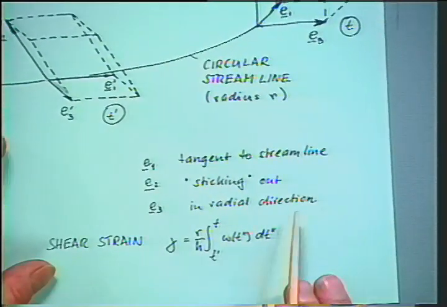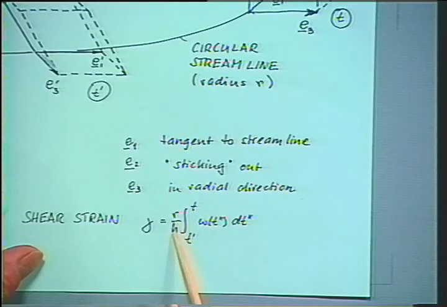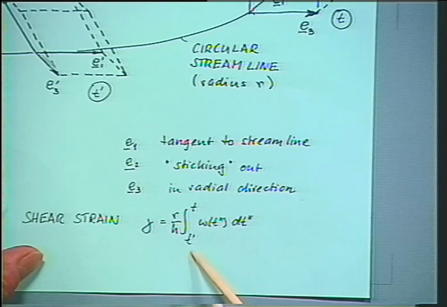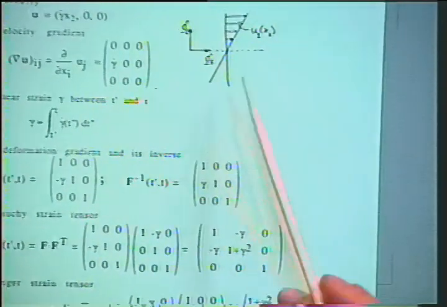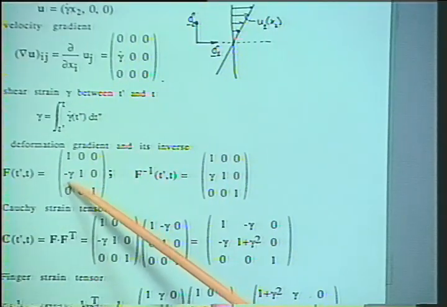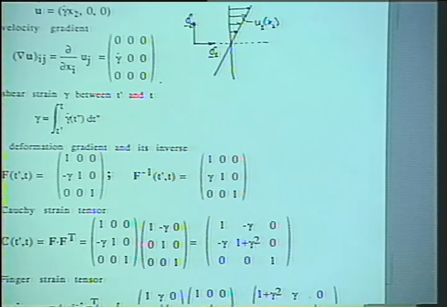Here it's r times omega divided by h. R and omega stay constant. This particle will move on a path line of constant radius, and we're just integrating from time t prime to time t to get the total shear strain in that experiment. And again, we enter all those results in the previous formulas, as discussed before, for the deformation gradient, inverse, Cauchy tensor, and Finger strain tensor.